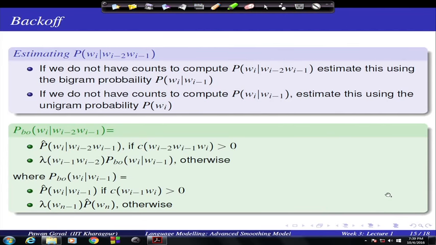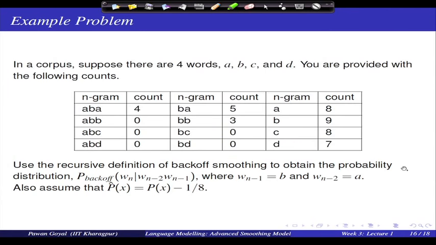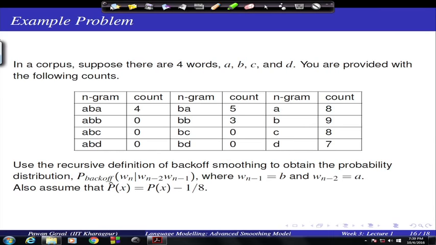Okay, let's take an example. Here we are taking a corpus with only 4 words A, B, C and D, and this is some data that is provided. It tells how many times A occurs after AB: 4 times. B occurs after AB 0 times, C occurs after AB 0 times.